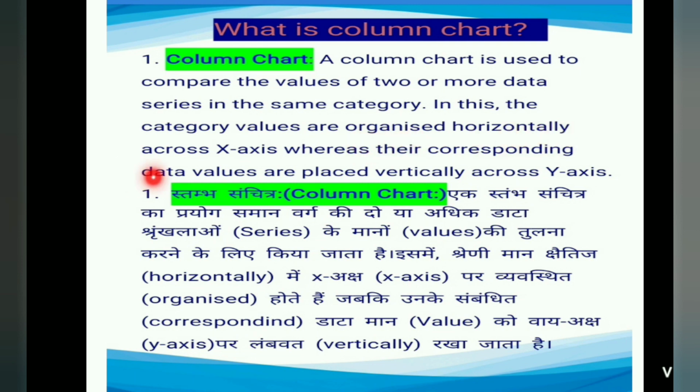In this chart, categories are organized horizontally across the x-axis, whereas their corresponding data values are placed vertically across the y-axis.